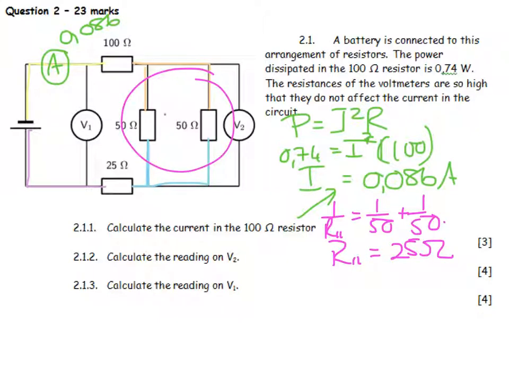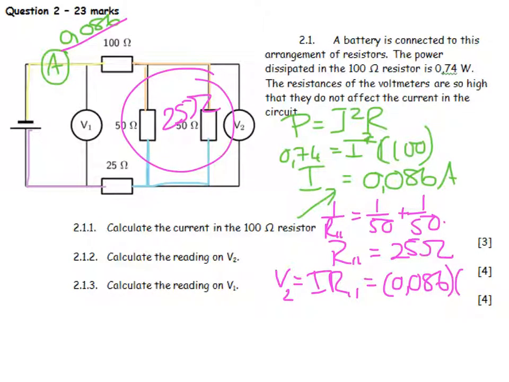Let's reduce that now to 25 ohms, and this entire current goes through that 25 ohms. So V2 is equal to the series current times the parallel resistance, and that is equal to 0,086 multiplied by 25, and I land up with 2,14 volts.